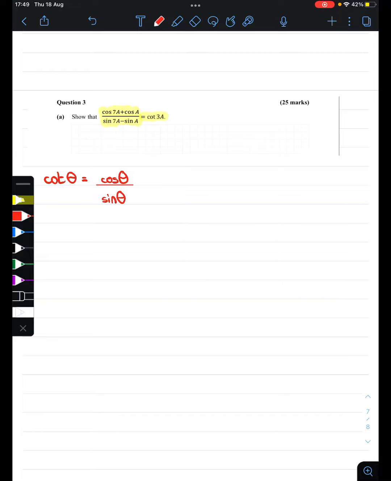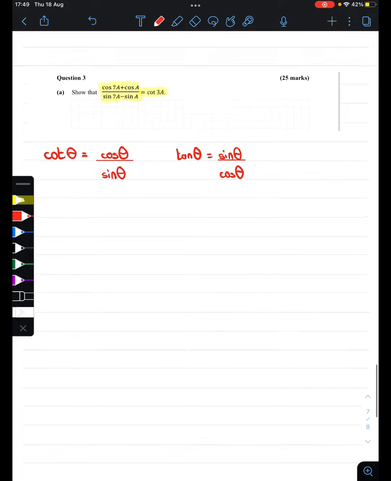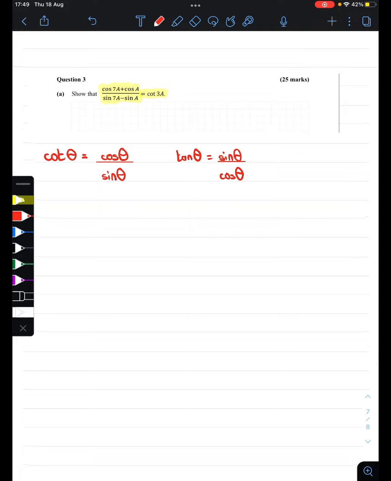So it's basically the opposite of the tan function, which is sine over cosine, and that's why it's called cotan. So cotan of 3a, what we're looking for, would be cosine of 3a over sine of 3a.